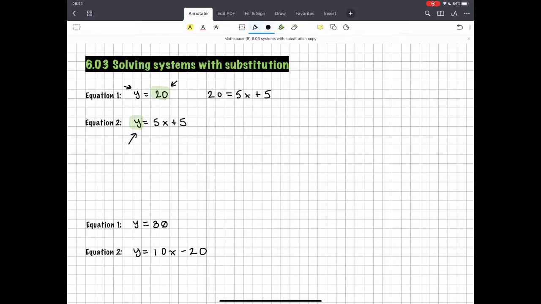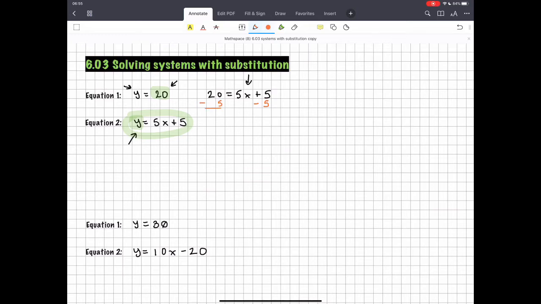Now, you'll notice I started down here with two variables, a y and an x, in the equation, and now I only have the x. So I've just substituted the y with 20, and now I can solve this equation to figure out exactly what x equals. The way we'll do that is we'll subtract 5 from each side.